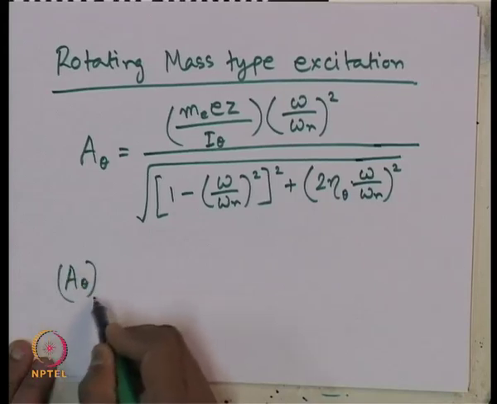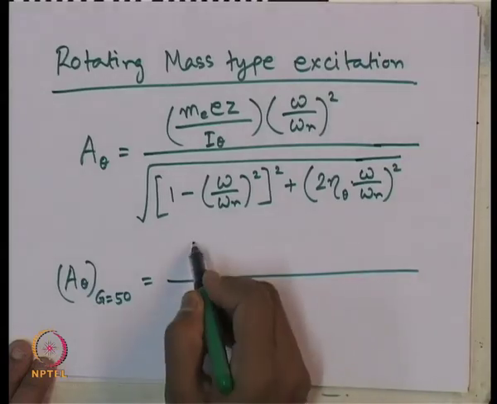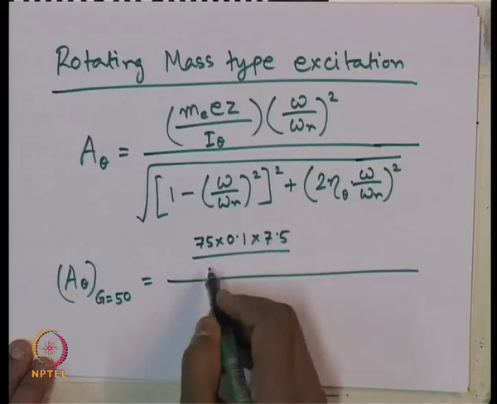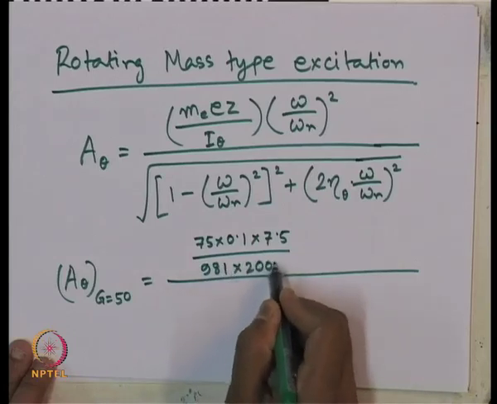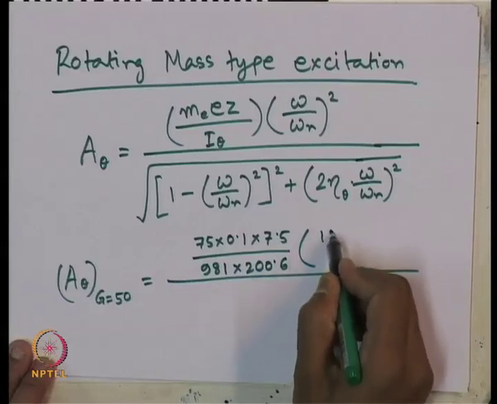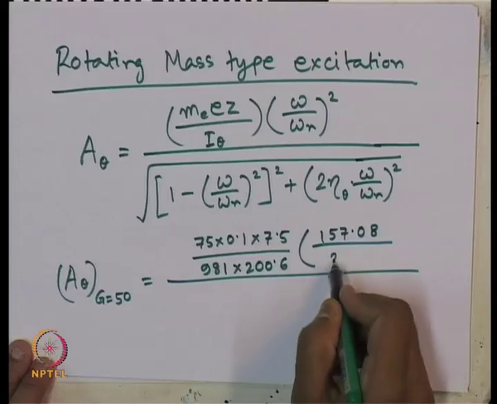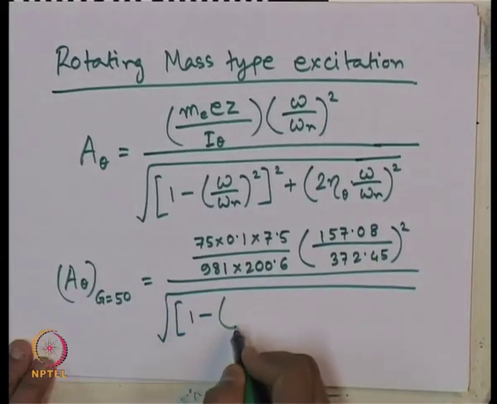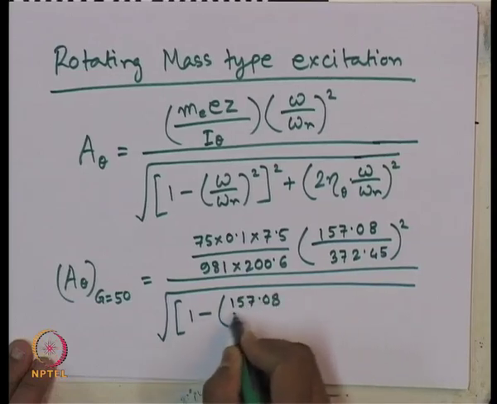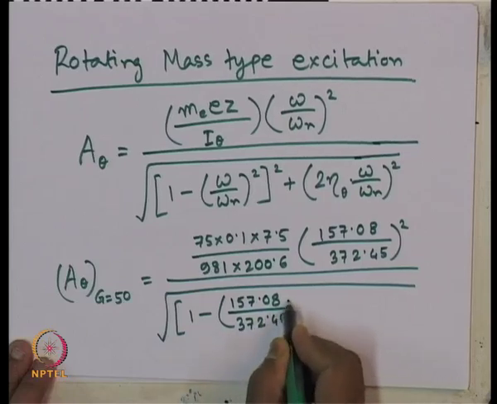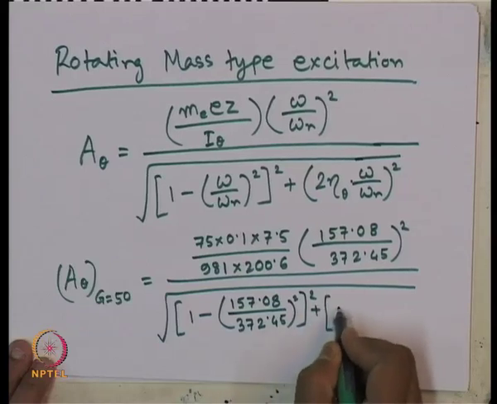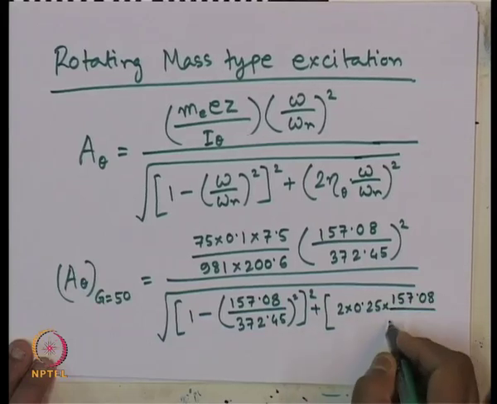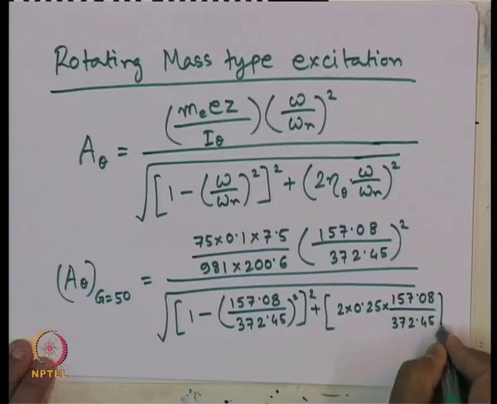So, A theta for the first case with G equals to 50 should be, this is 75.1, 7.5, 981, 200.6 into 157.08 by 372.45 whole square, root over 1 minus 157.08 by 372.45 whole square, whole that square, plus 2 into 0.25 into 157.08 by 372.45 whole square.